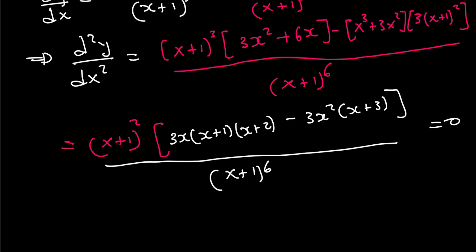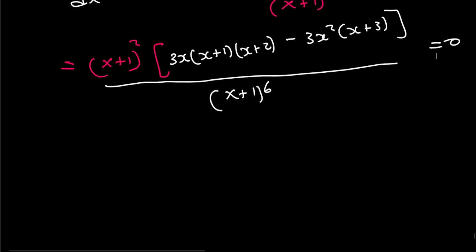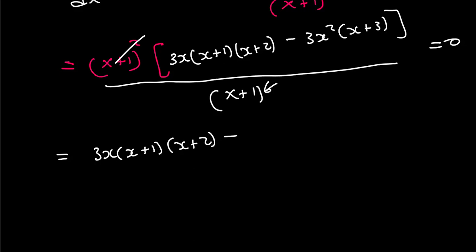So if I equate this expression to 0 to solve for the point of inflection, we get x plus 1 squared cancels with something here, and so here we will have 3x into x plus 1 into x plus 2, minus 3x squared into x plus 3, equal to 0.